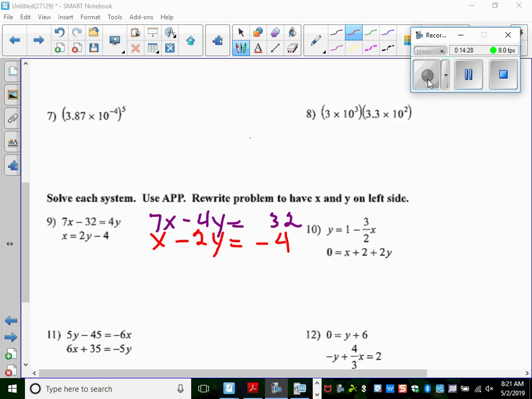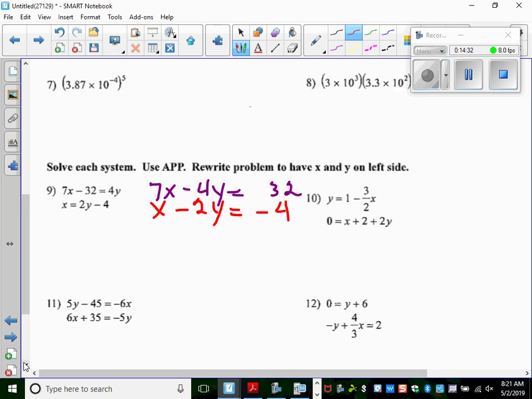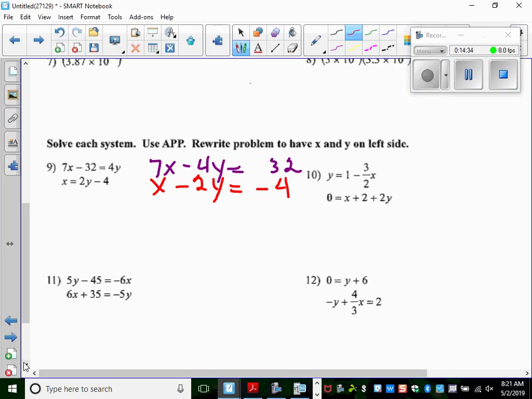All right, let's go back to our paper and let's do 11. Okay, let's do question 11. Now in question 11, we've got to move that 6x over, so I'm going to have 6x plus 5y equals positive 45, and 6x plus, oh, okay.